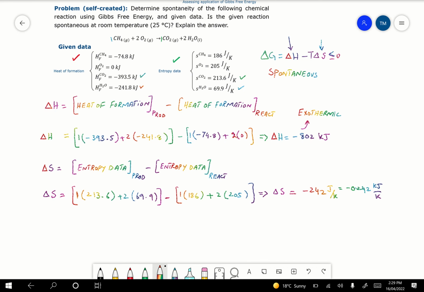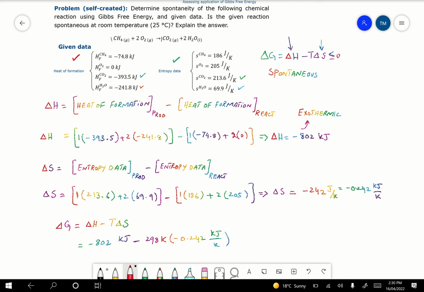So let's put these values in this Gibbs free energy equation, which is delta G is equal to delta H minus T delta S. So we have calculated delta H already, which is minus 802 kilojoule, minus temperature, 25 degrees Celsius, which is 298 Kelvin, multiplied by delta S, which is minus 0.242 kilojoule per Kelvin.